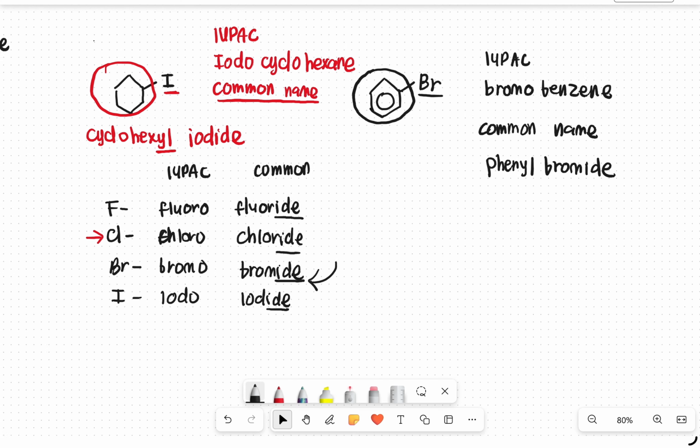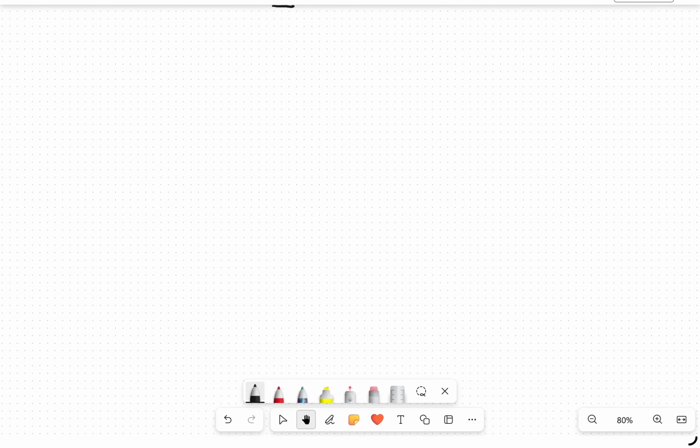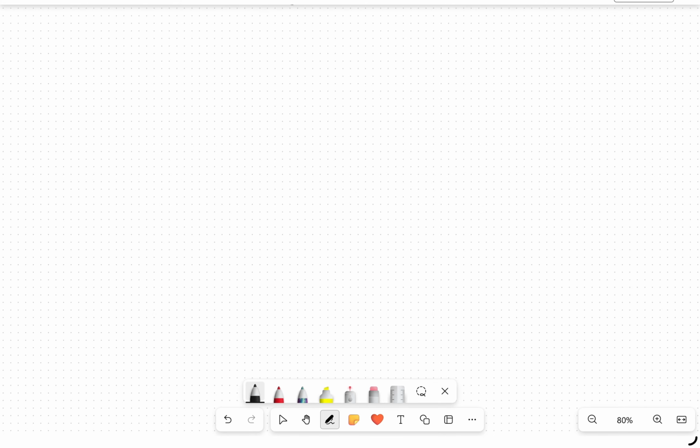Now, the next one is a little bit complicated when it involves iso. For example, isopropyl. I just put isopropyl, isobutyl, isopentyl.